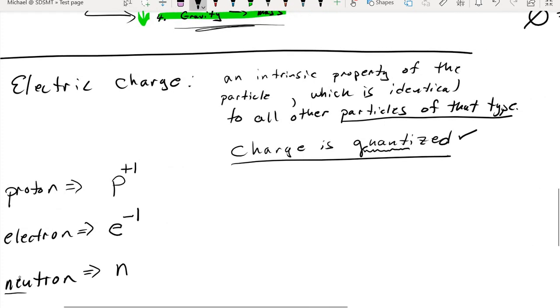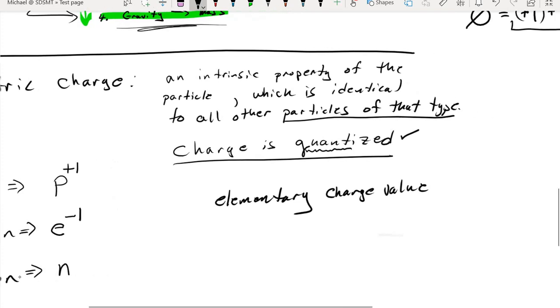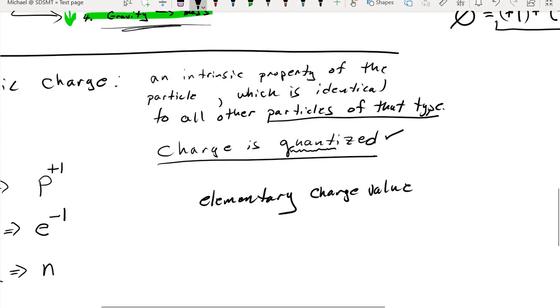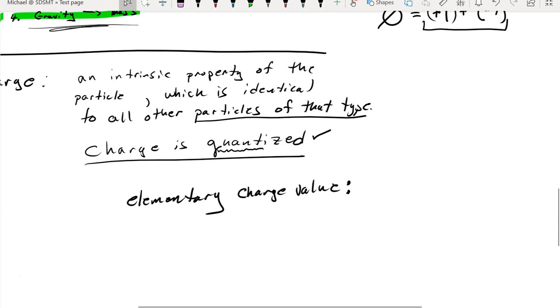And so now we actually need a value. We need to know what is the quantity of that electric charge. And we are going to call this the elementary charge value. So this is the smallest amount of charge that we can have on a particle.